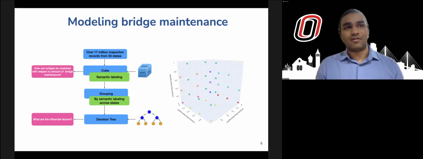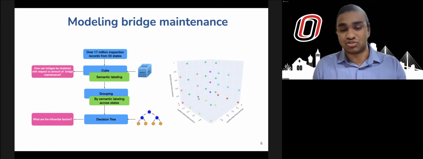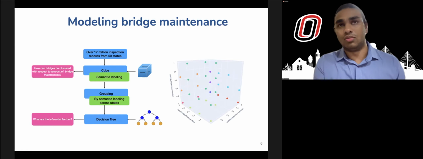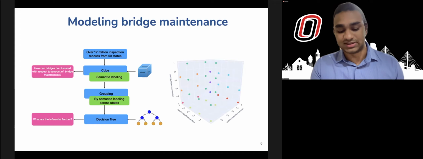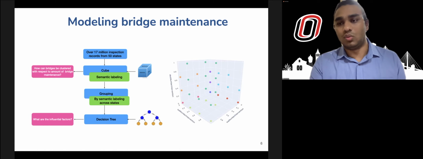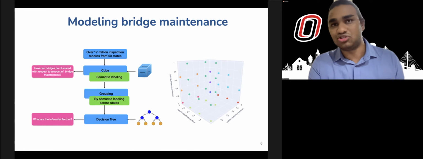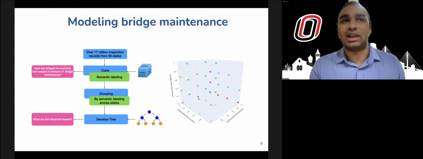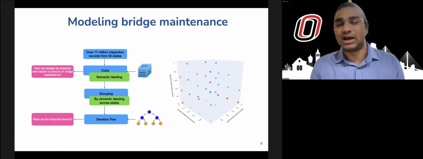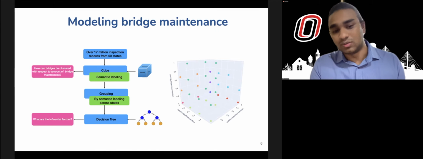So now that we have more than 17 million inspection records, we want to model bridge maintenances. We want to see the patterns that it has. So what we do is go through a categorization, more like categorizing these bridges into several different classes with respect to maintenance.